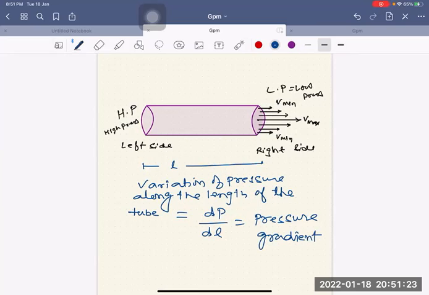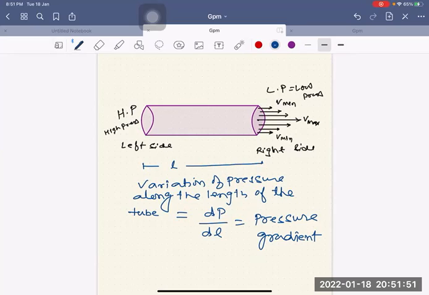Actually, यहाँ पे जब length के accordingly कोई changes होता है तो हम gradient term का इस्तेमाल करते हैं. Time के respect में कुछ देखना होता है तो हम rate बोलते हैं. Rate of change in something. There is a change of something with length. Gradient. It's a pressure gradient. dP upon dl.